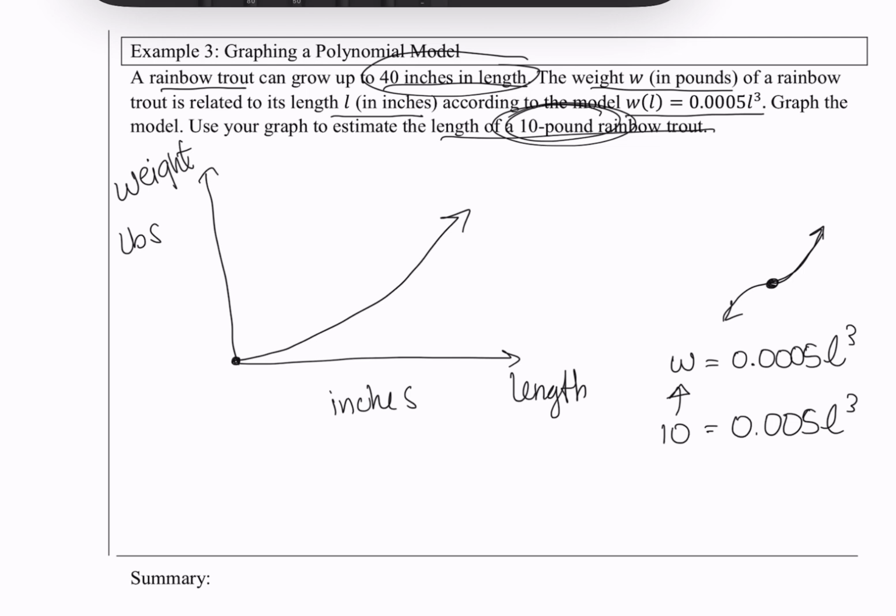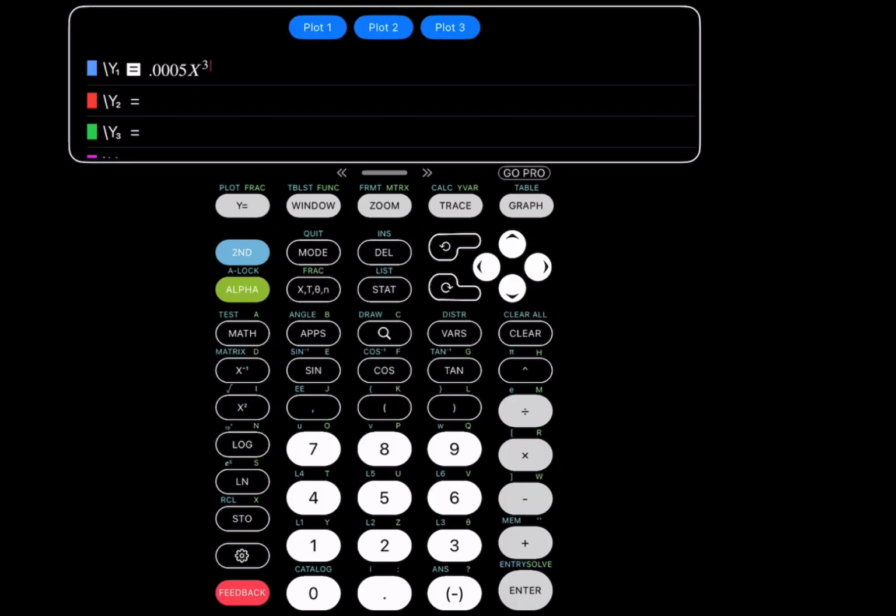Now, in the future, we're going to learn how to solve this algebraically, but for now, you know how to graph this. We'll put 10 in y2, because we've already got this in y1. And then we'll figure out their point of intersection. And that'll be how long that trout is. Now I'll figure out where they intersect.